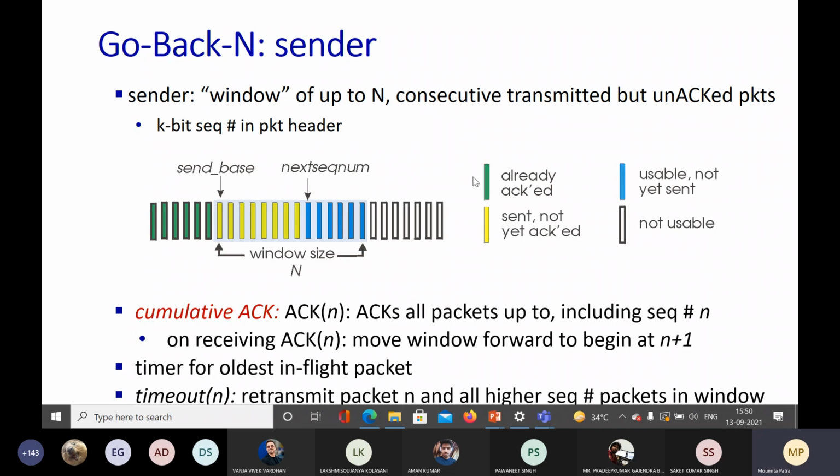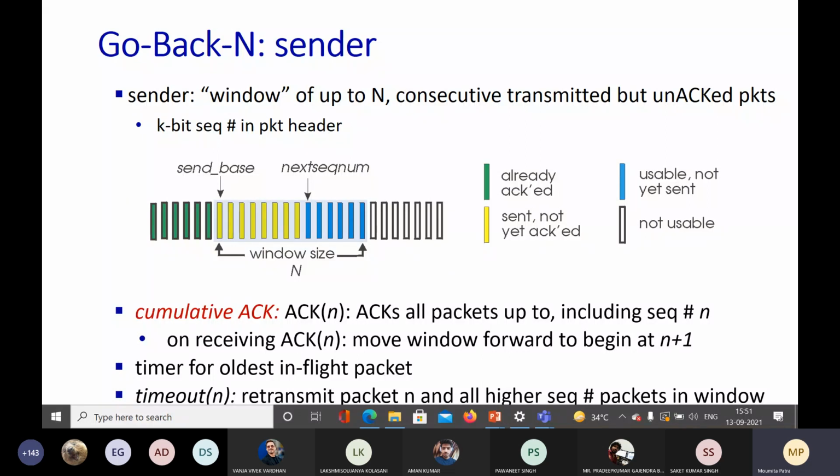Okay. So the timer will be for the oldest packet that was transferred first. The oldest timer will start for the oldest in-flight packet, and whenever there is a timeout, then retransmit packet n and all higher sequence number packets in the window. So whatever packet's timer is out, that packet and all the next sequence number packets in the window that were already sent will be resent.